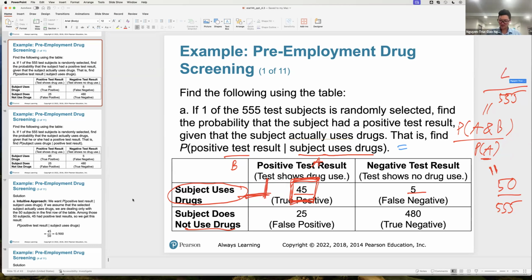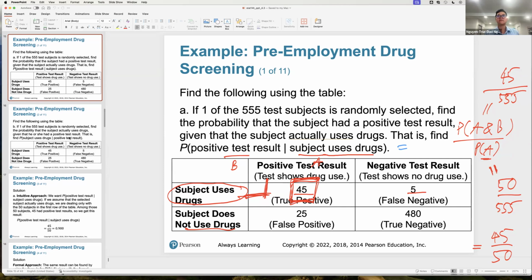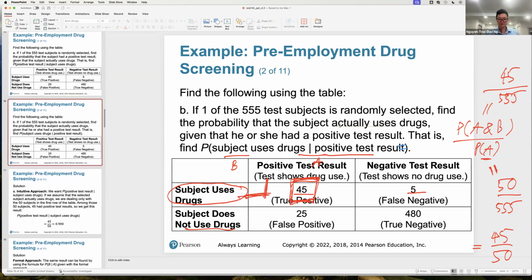So you have 45 over 555, right? So when you do the division, you're going to get 45 over 50. So that is the probability of getting a positive test result given that the subject uses drugs. Are we good? Good, right? Okay, let's do B.